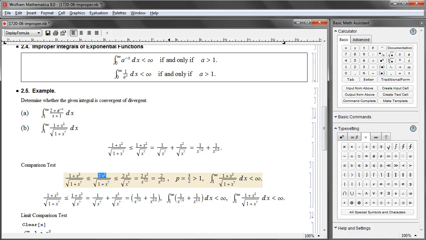The p-value is greater than 1, so we have a finite integral. Consequently, the original integral must be finite as well. Works out, but again, this is not easy. This estimation over here, just getting 2x squared, is kind of out of nowhere, kind of difficult. Just as difficult as this decomposition. Is there any better way?